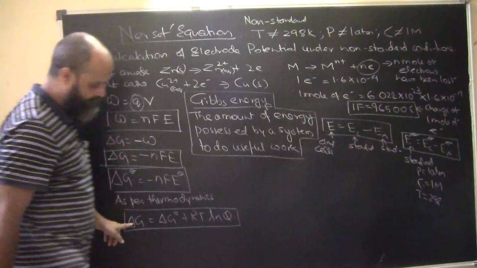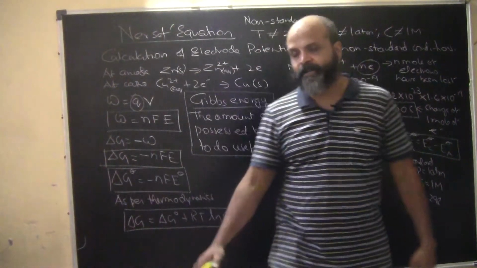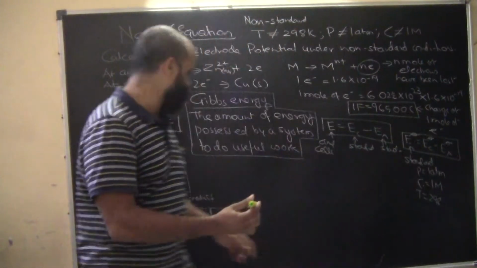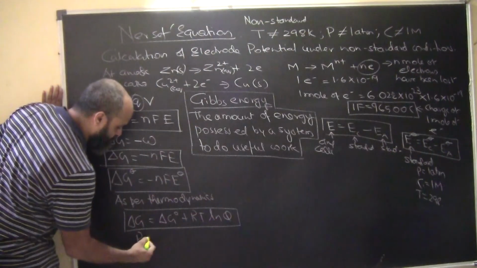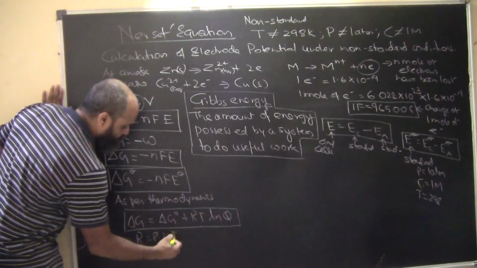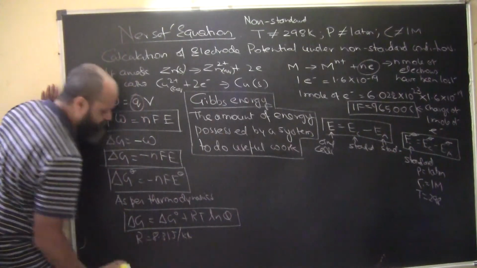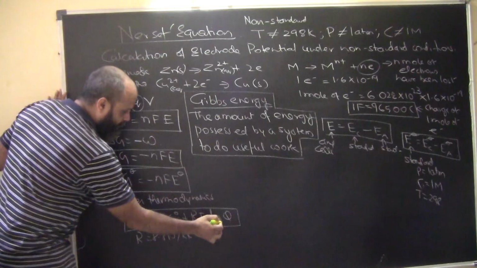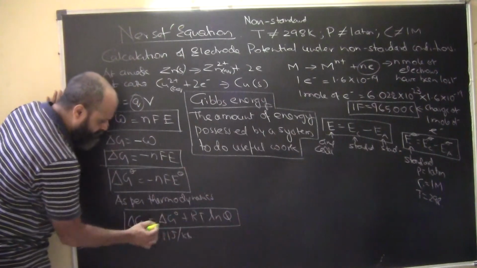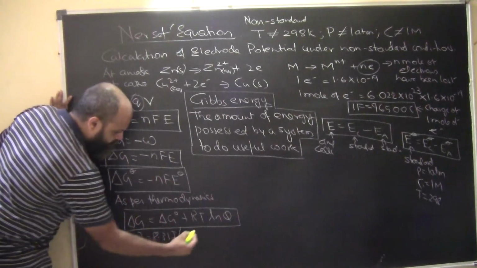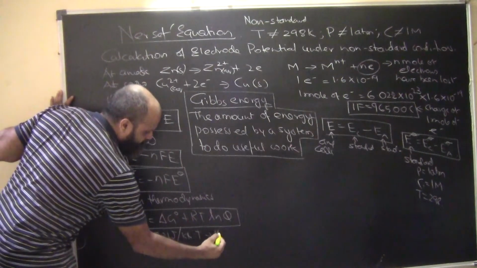Here R is the gas constant, that is 8.31 joules per kelvin per mole. We have already learned about this. T is temperature in Kelvin.